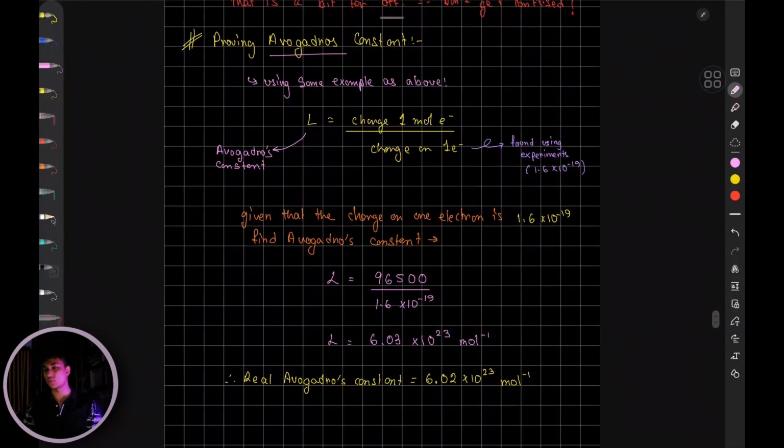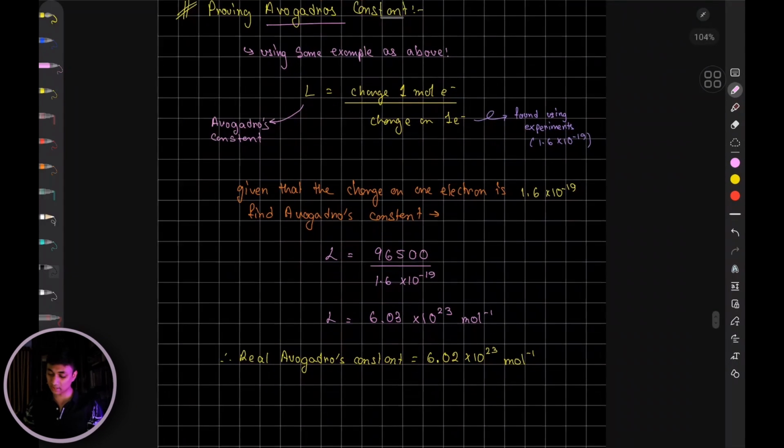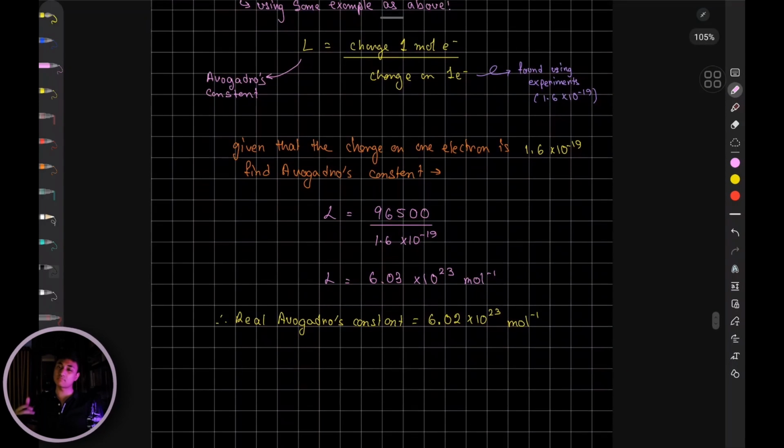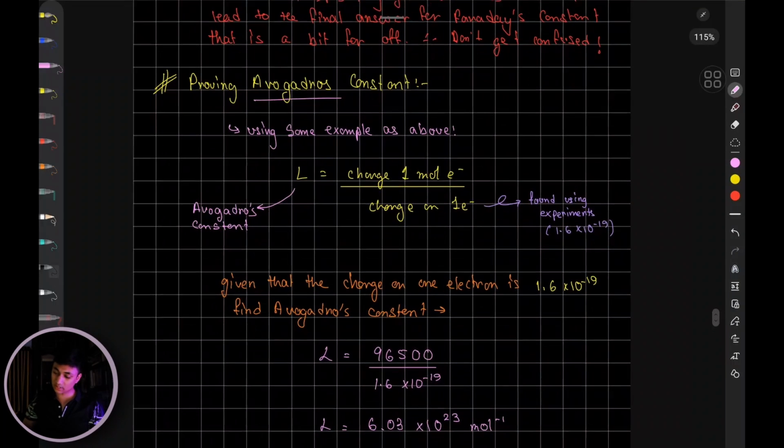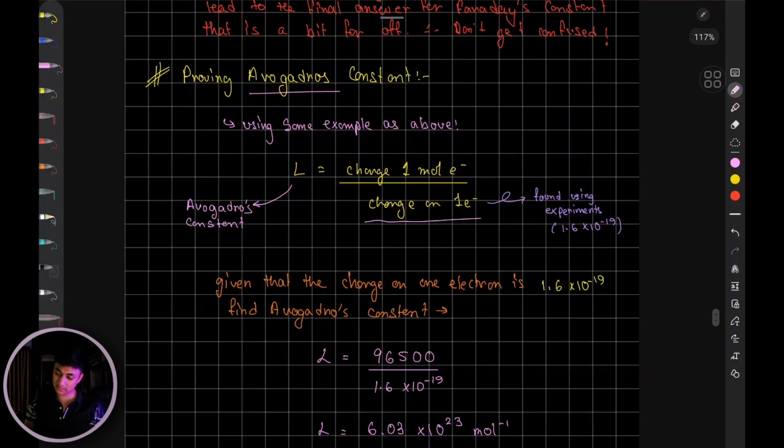And in your question paper, it might just so happen that your final answers may be a bit different in comparison to the real data. Okay, so that's all right. Now, this is how you find out the Avogadro's constant. Divide the charge on 1 mole of electron by the charge on one individual electron, right?